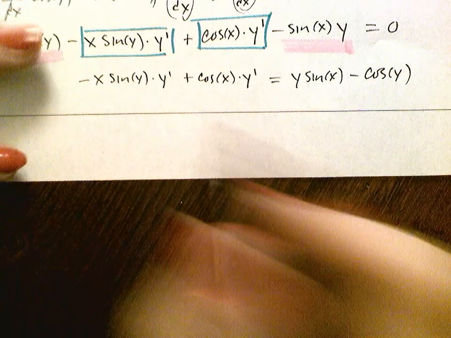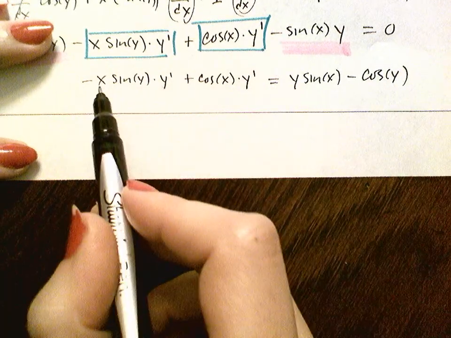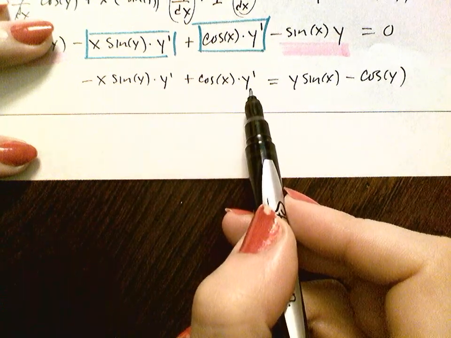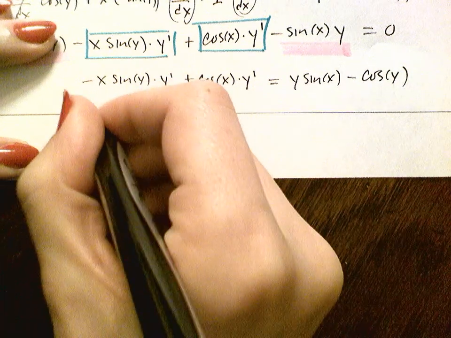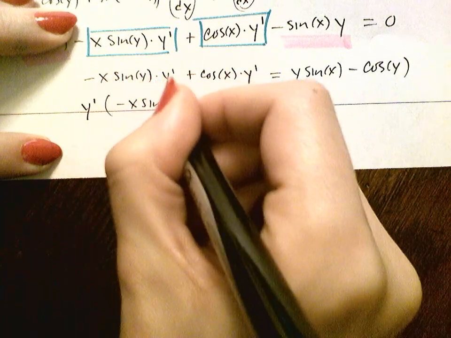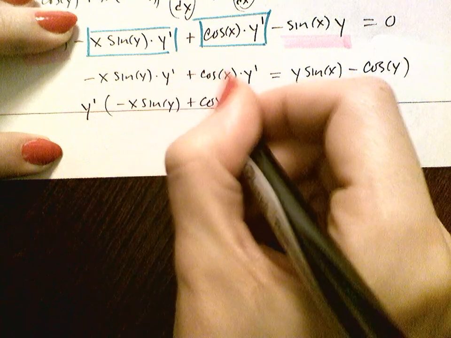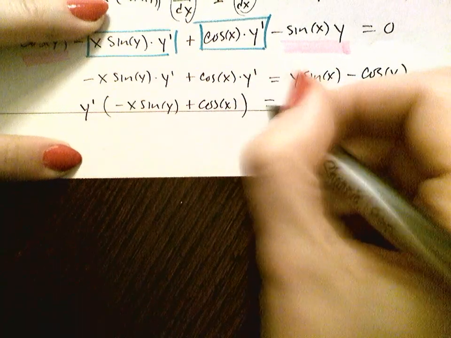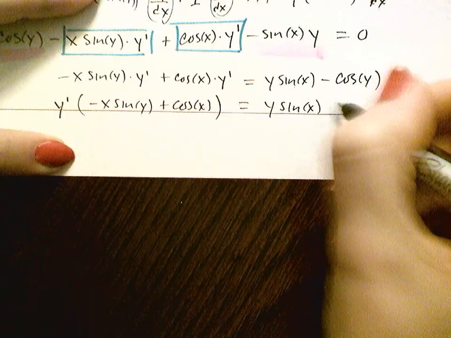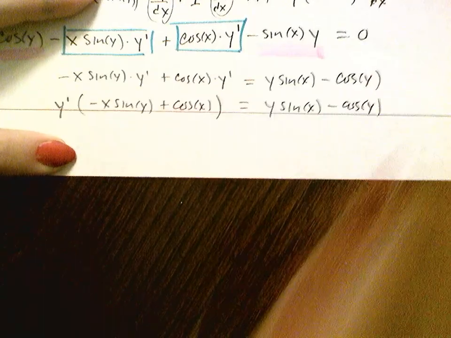And the whole reason that you separate the variables is because now y prime is a common factor, so I can just factor it out, and you end up with this equals y sine of x minus cosine of y.